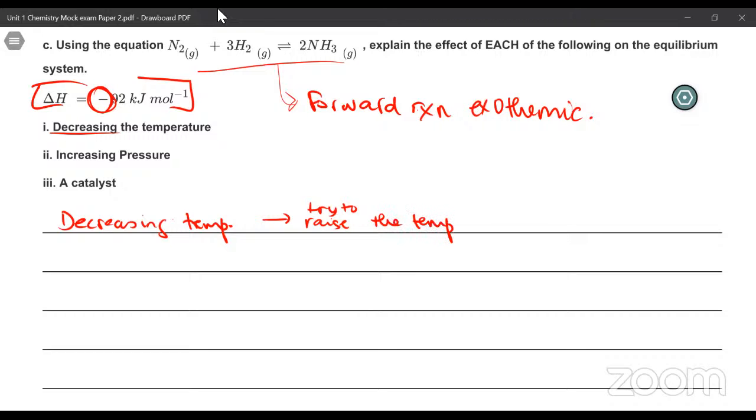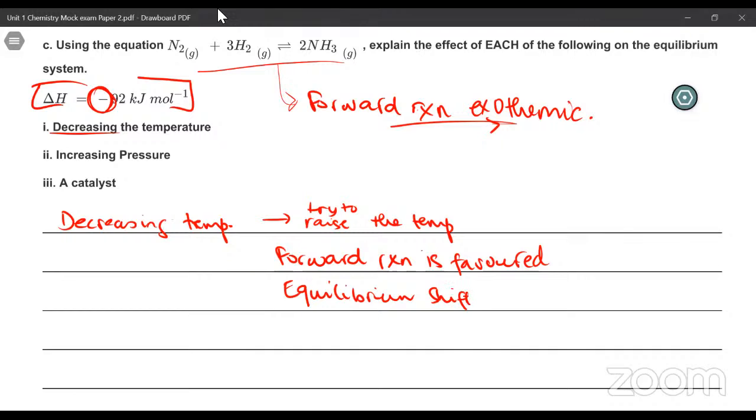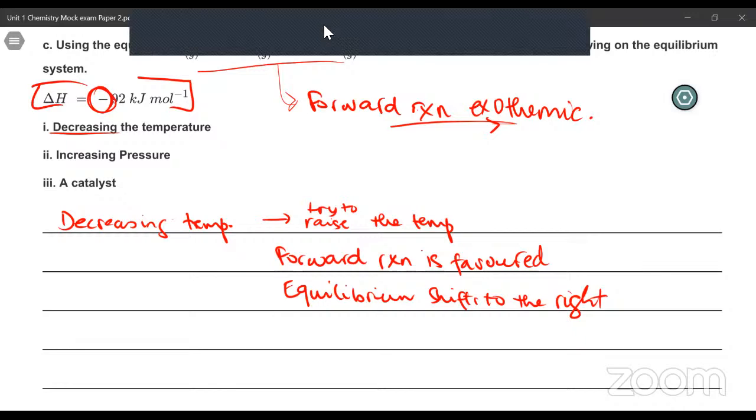And thus, the forward reaction is favored, because remember, the forward reaction is exothermic. So you're moving hot. And which way is the forward reaction? The forward reaction is to the right. Therefore, the equilibrium shifts to the right. You could include all of these in your answers. And what else will happen? The yield of ammonia will increase.